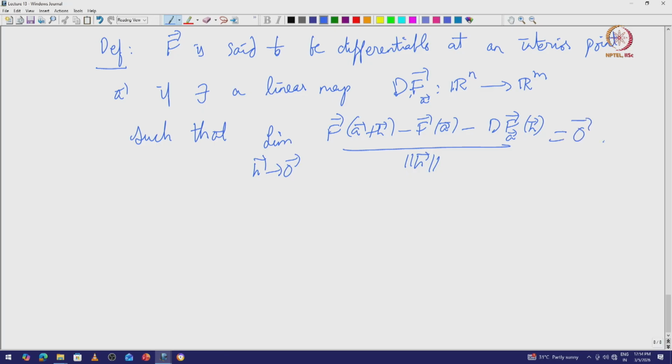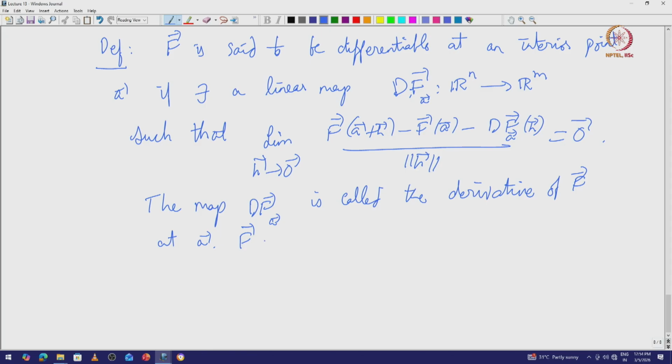Okay. The linear map df is called the derivative, or sometimes called the total derivative of f at a.